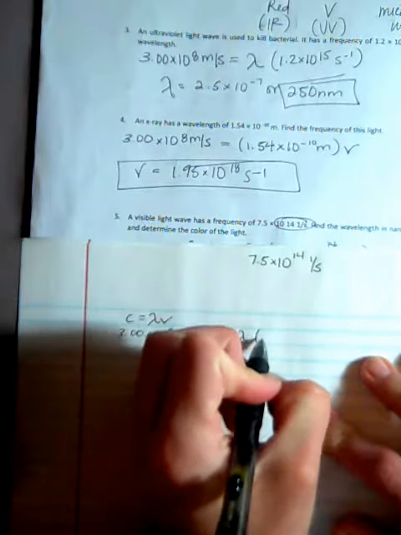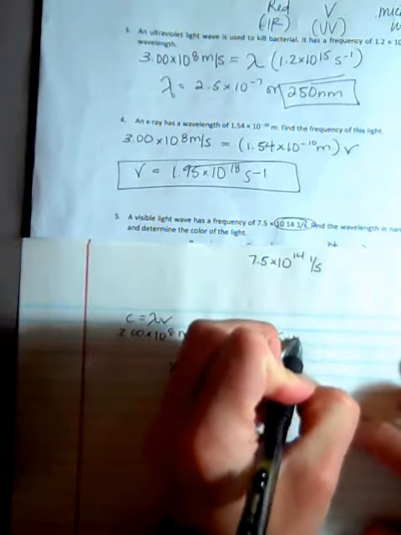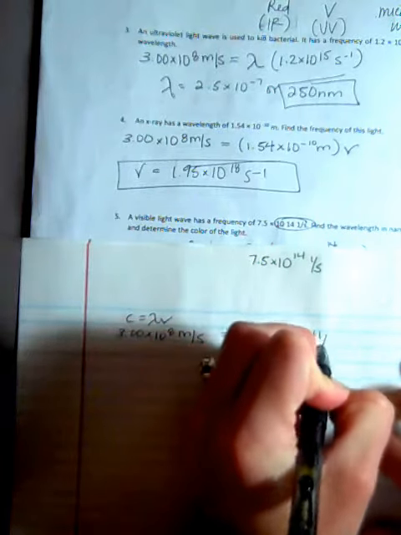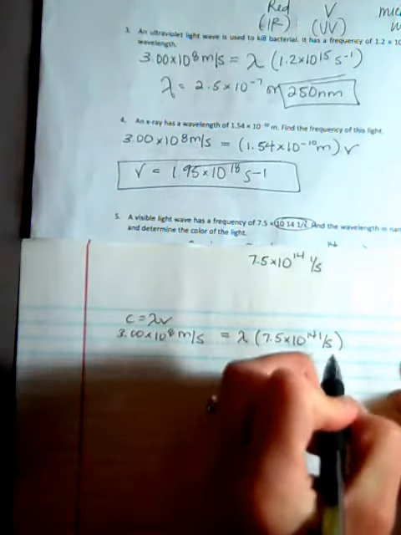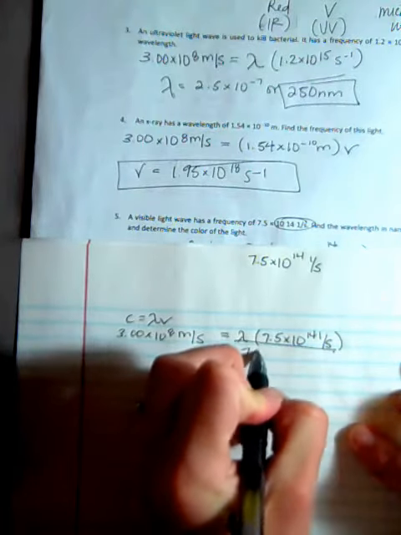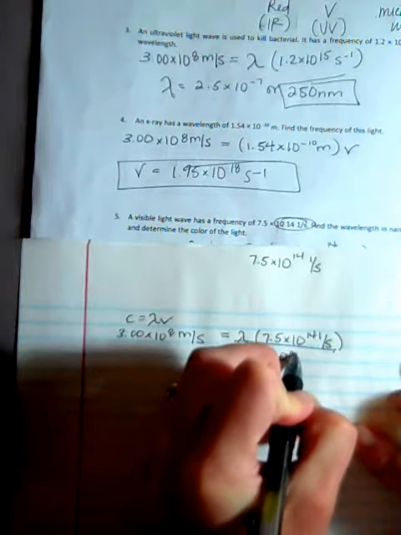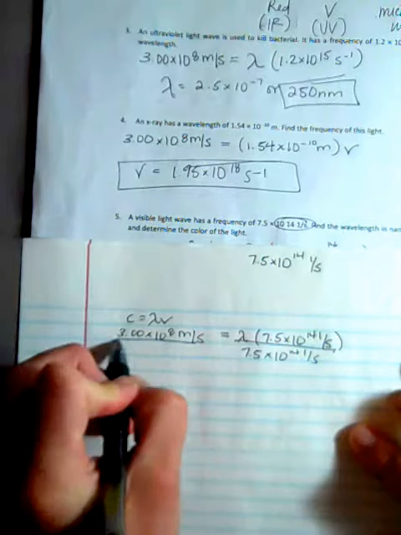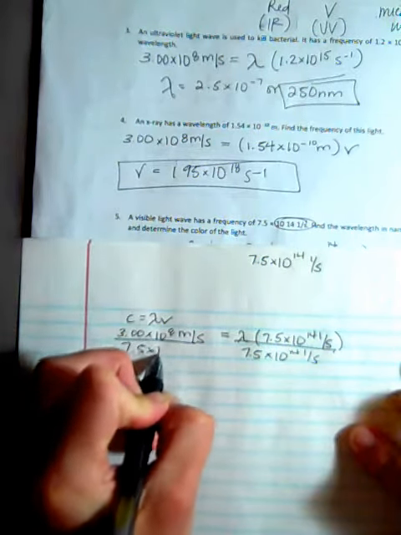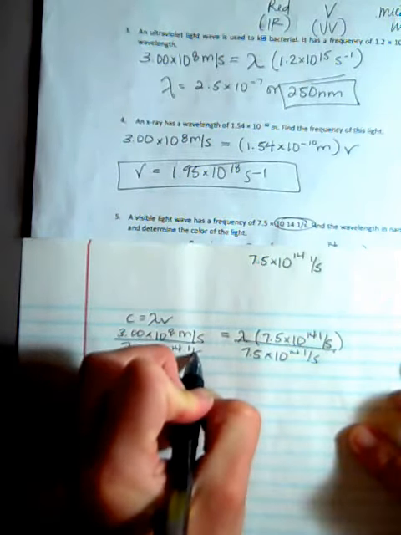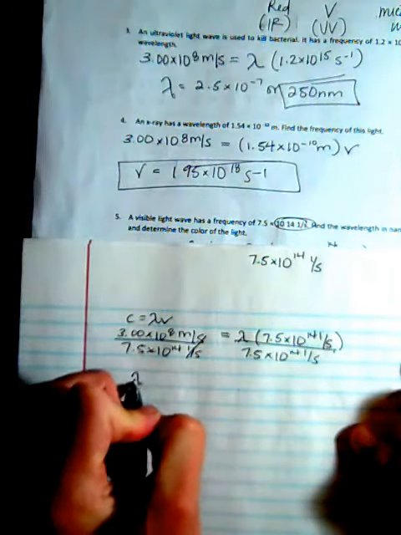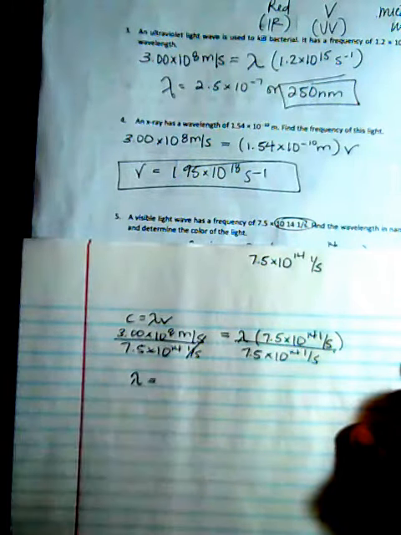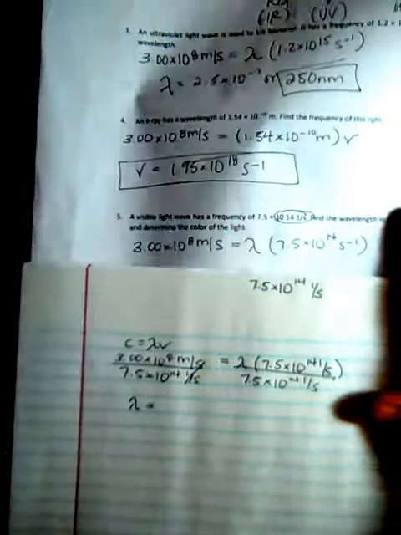And our frequency is 7.5 times 10 to the 14th, 1 over s. So, to find lambda, you just divide each side by 7.5 times 10 to the 14th, 1 over s. Your s's will cancel.